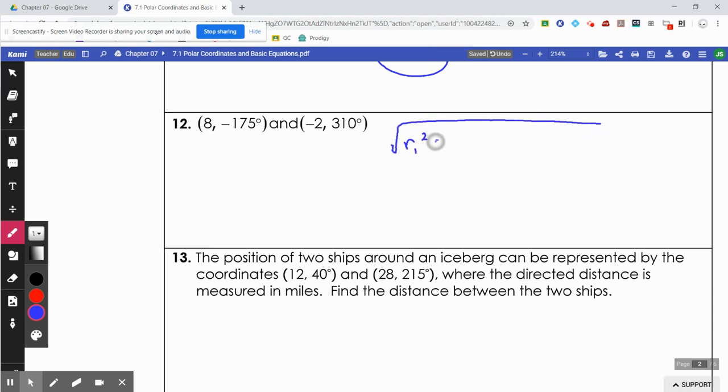It is R1 squared plus R2 squared minus 2 times R1 times R2 times the cosine of theta 2 minus theta 1. So in this one, we have the square root of R1 squared.